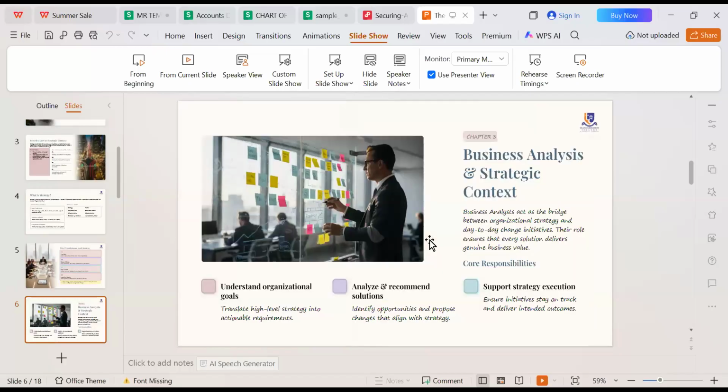So now this is business analysts, BAs, and strategic context. Business analysis is the work we do as BAs. Now, tying into strategic context: as a solution provider, the strategy of the organization is to achieve XYZ, or an organization needs to automate their processes.